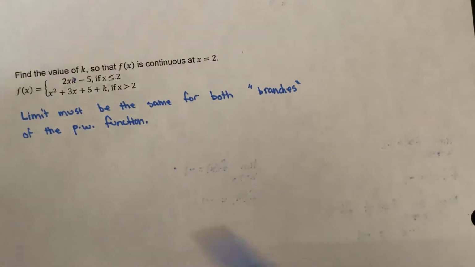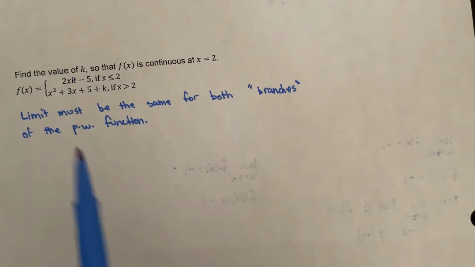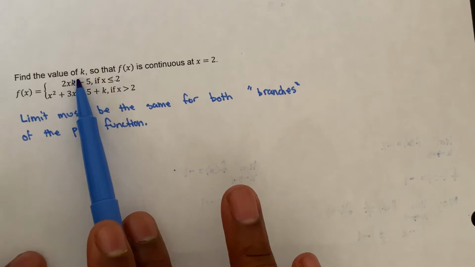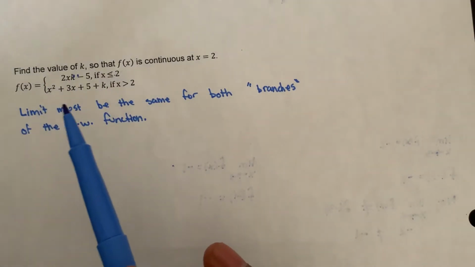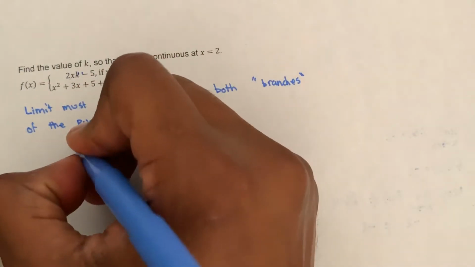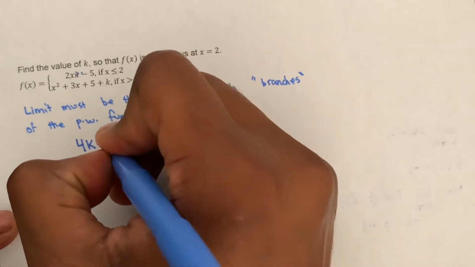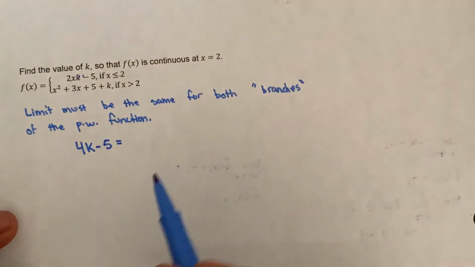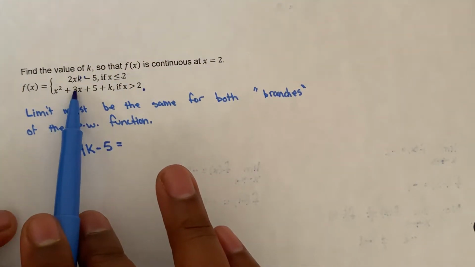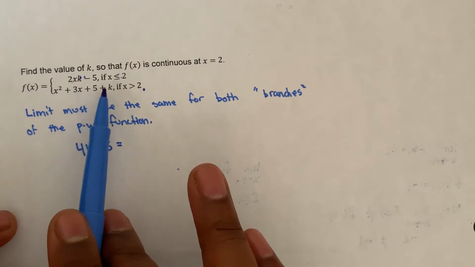And that's just an equation, all right? If we substitute in 2 for x, this needs to be the same as that. By substituting in 2 for x, we get 4k minus 5 must equal, if we substitute in 2, 4 plus 6 is 10, plus 5 is 15, plus k.